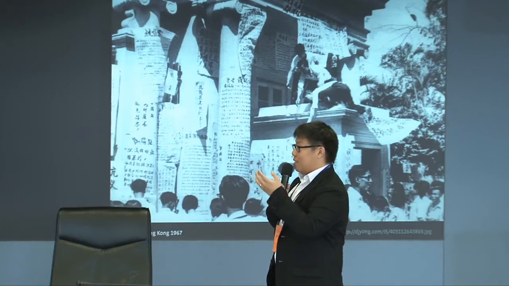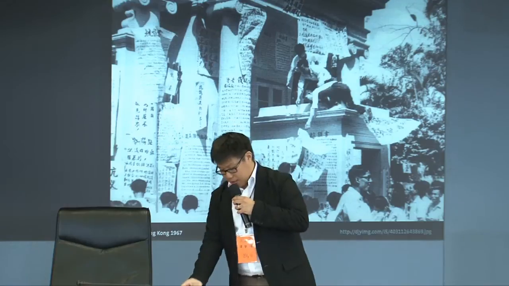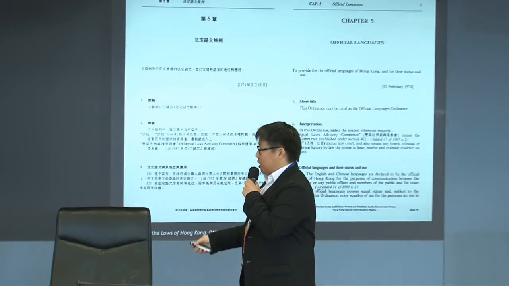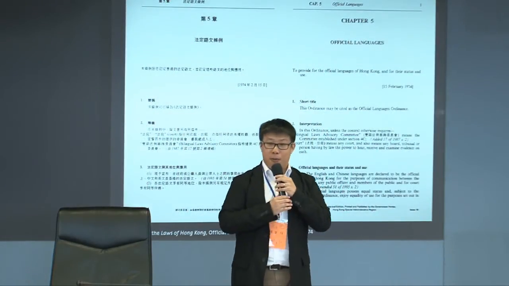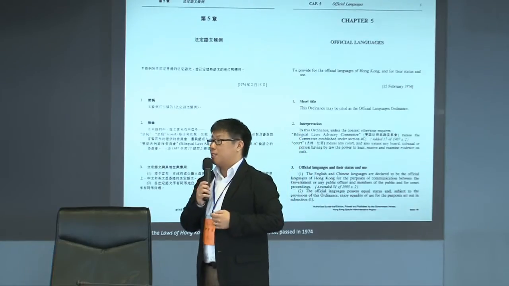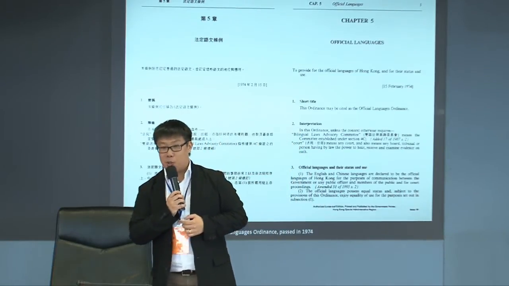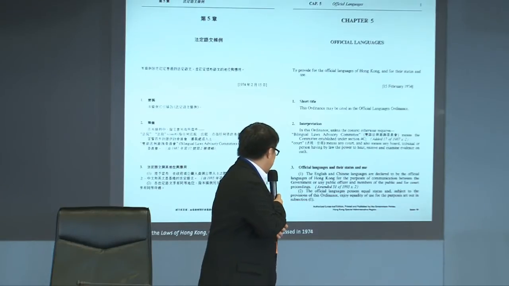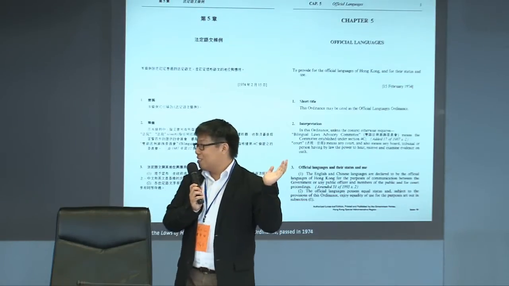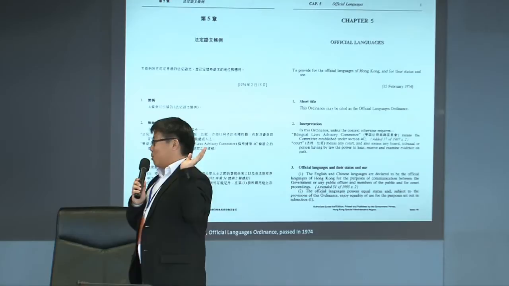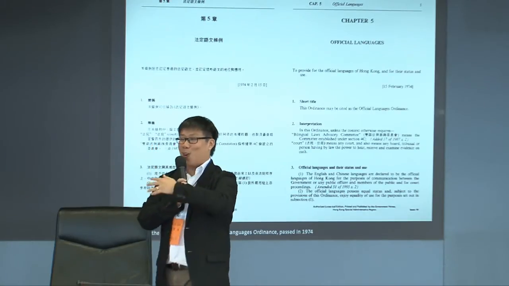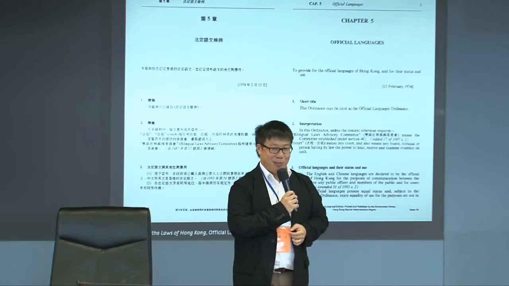So this riot fueled the Chinese movement. And in 1974, the government passed the Official Languages Ordinance. What better way to look at what they really mean in terms of typography than by going to the laws of Hong Kong.